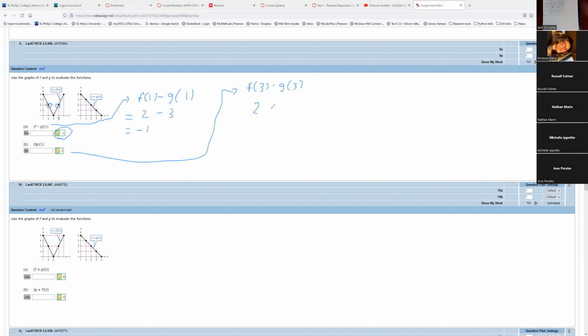So 2 times g of 3. That would be here. The other one was over here. 1. So 2 times 1 is how they got 2 over here. That makes sense? Any questions on this graphical example? We did the analytical side. This is the visual side.